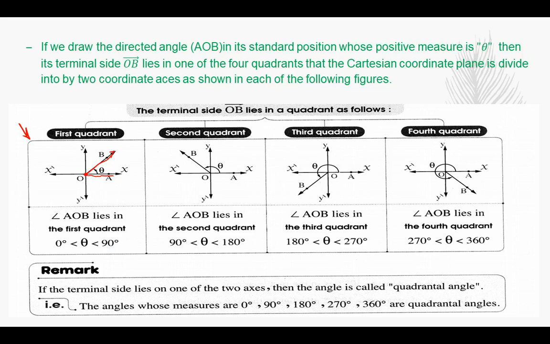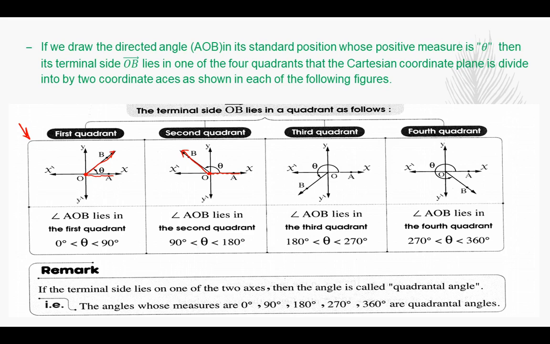In the second figure, the angle AOB is an angle in the standard position. Its vertex is the origin point and its initial side is OX. The terminal side OB lies in the second quadrant. So the angle AOB is an obtuse angle, and its measure theta is bigger than 90 and smaller than 180.